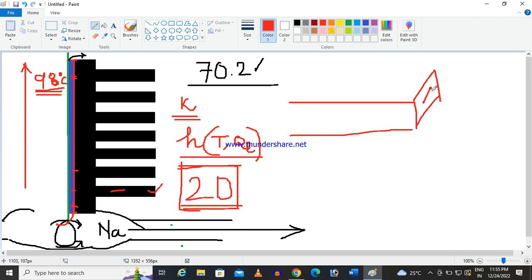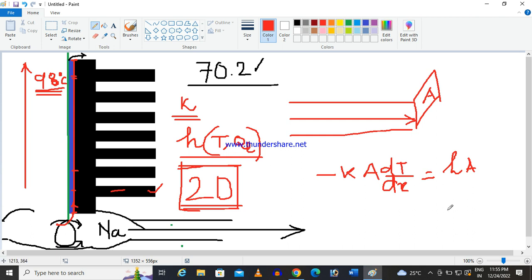So this is cross section A. So whatever heat will be conducted here, that is minus K dT by dx, is equal to that to be convected out through this cross section. So h A delta T.